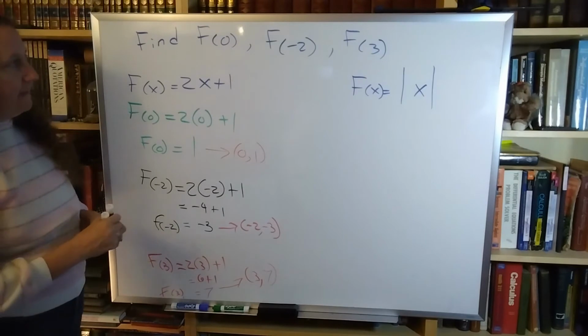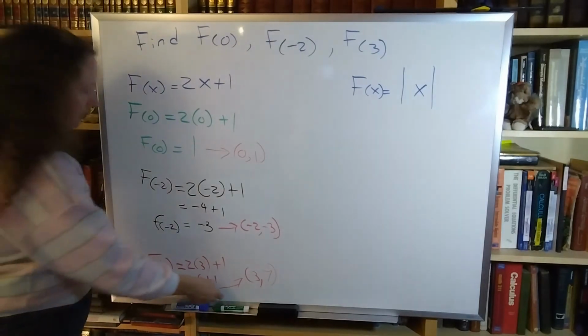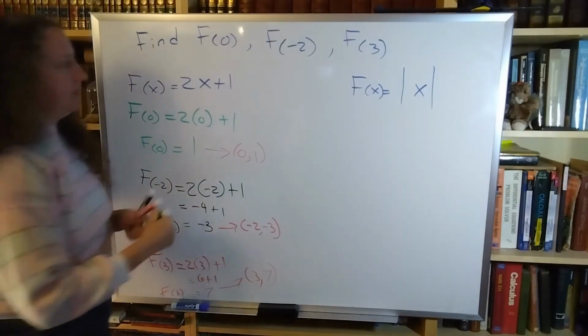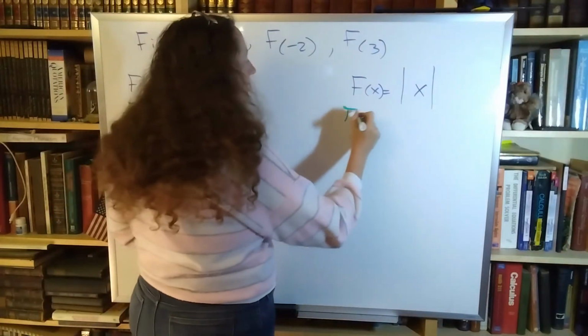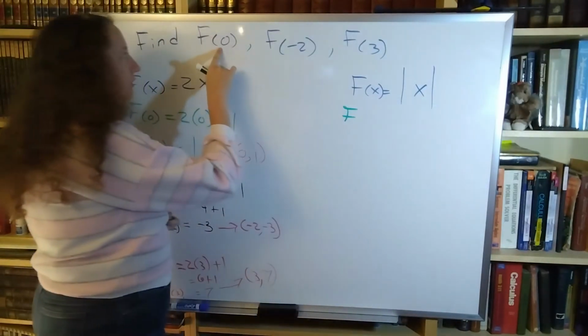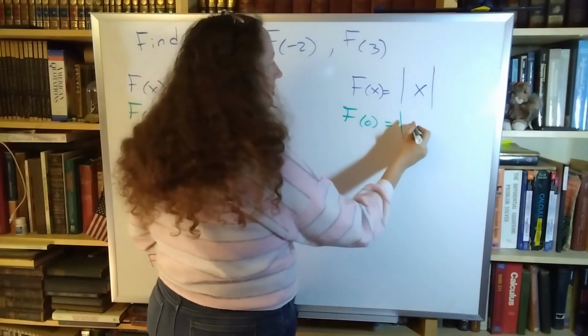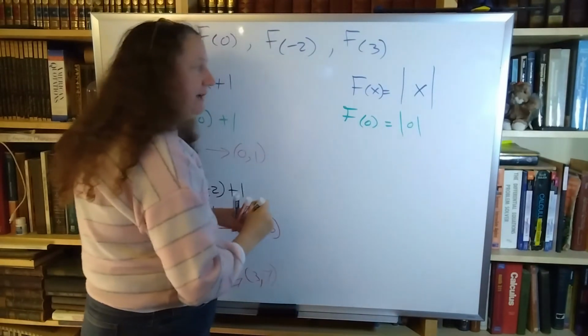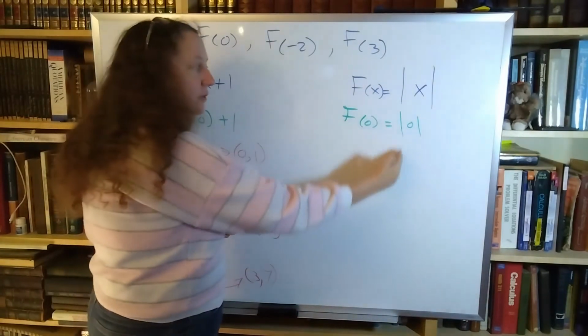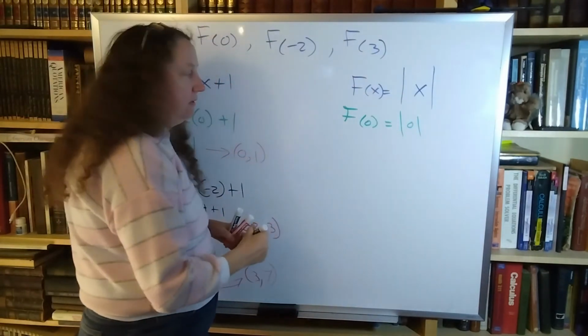Same thing over here. Different numbers, same idea. So first thing we're going to do is replace the x with 0. And then we find out what is the absolute value of 0.